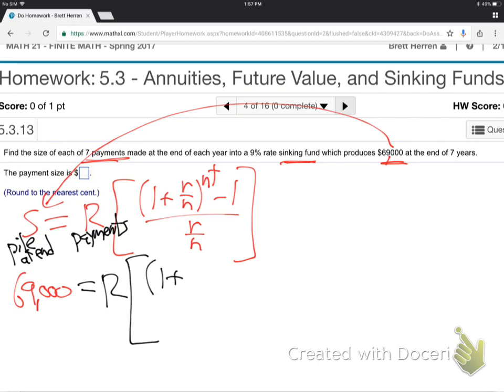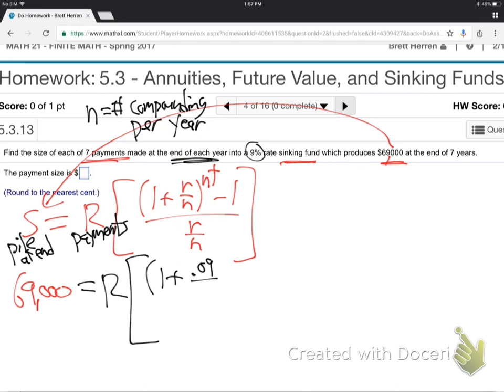The interest rate is 9%. N is the number of compoundings per year, right? That's always what N is in all these financial formulas. So how many times per year are we doing stuff with our money? Just once.